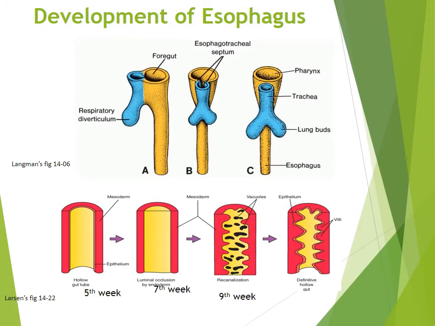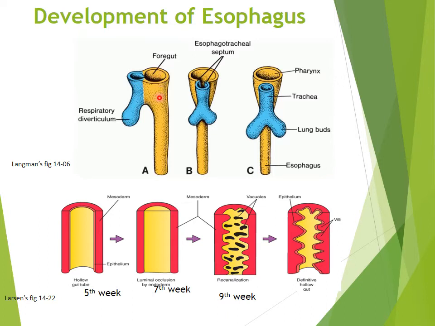Now, starting with the development of the esophagus, I hope that with the development of the respiratory system and trachea, it is the same manner. You can understand it here that from the ventral wall of the primitive foregut area there is the origin of the lung bud, or respiratory diverticulum, which develops into the respiratory system, lying ventrally.